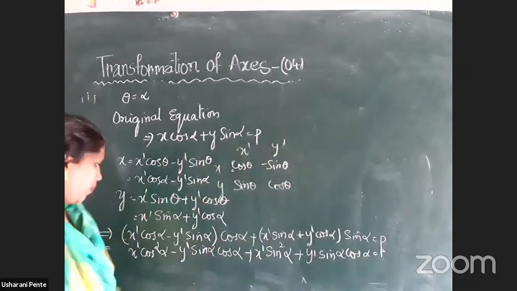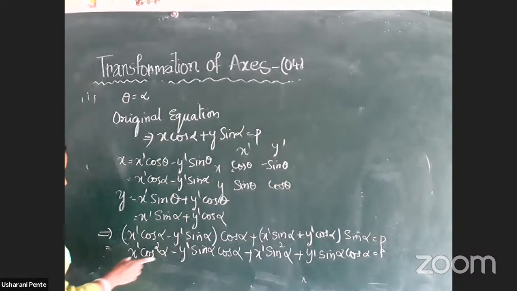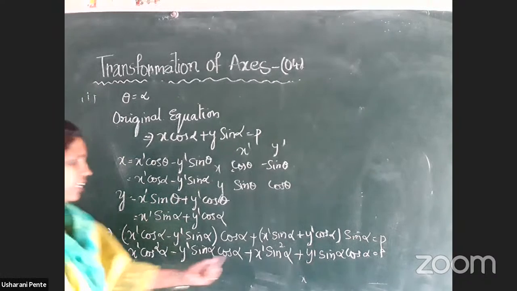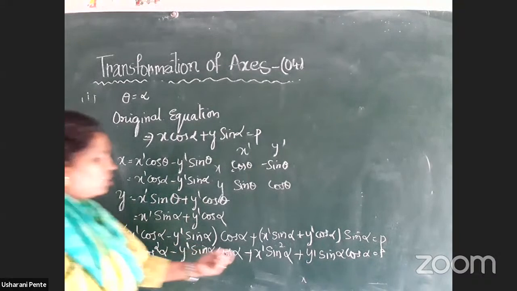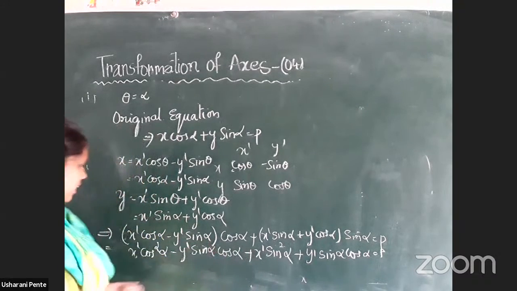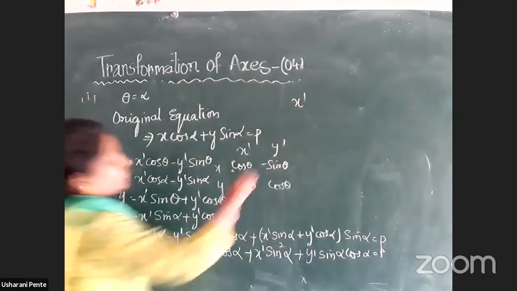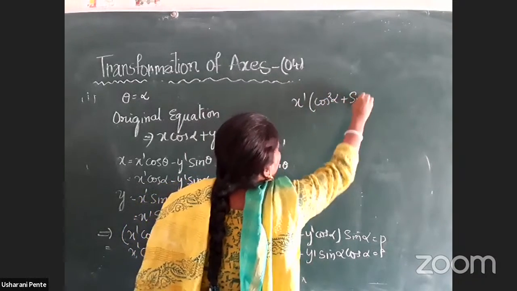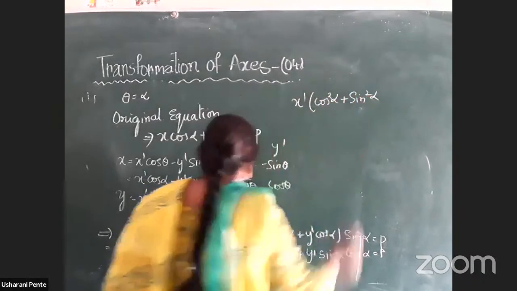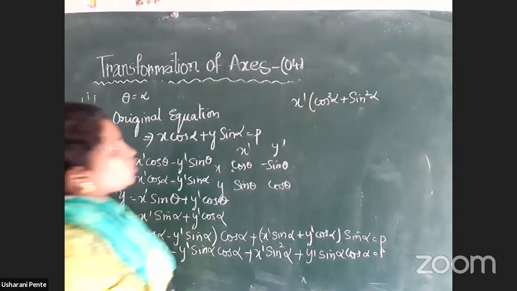Now in these two terms I have x dash, here also I have x dash. So I am taking x dash common, then I'll get cos square alpha plus sin square alpha.